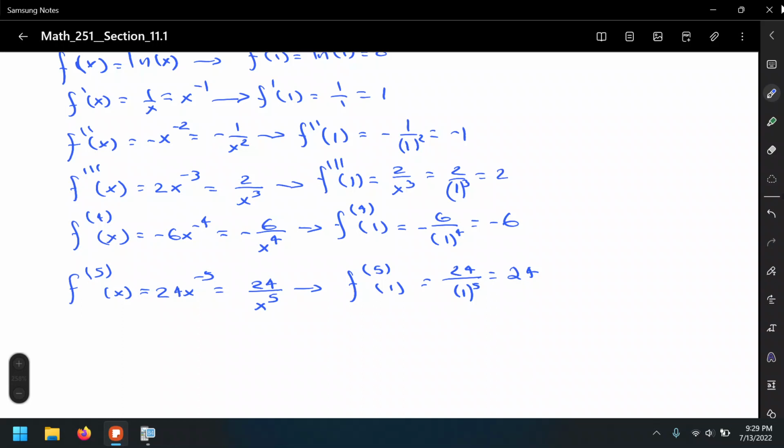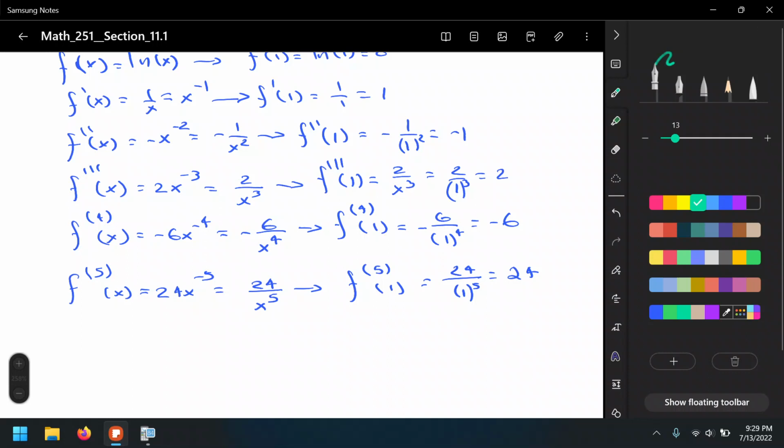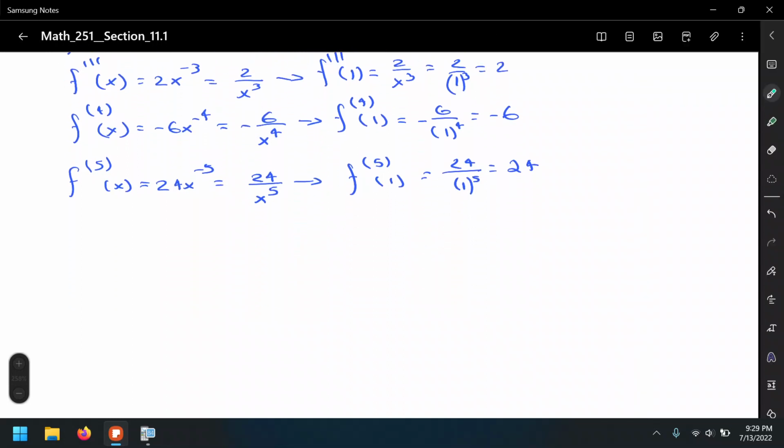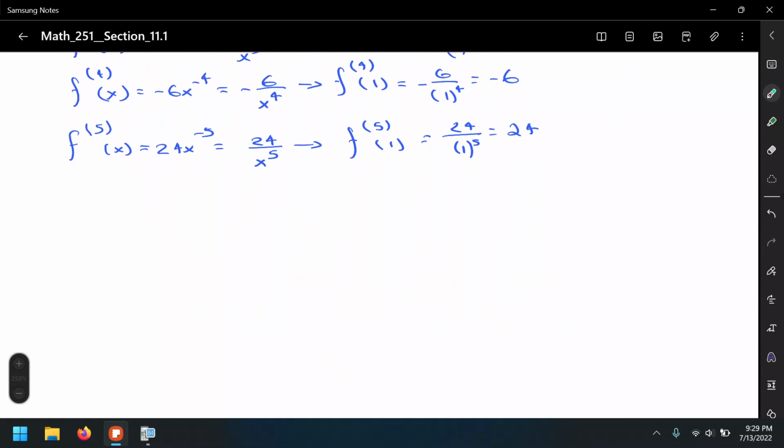And just like before, we have all the information that we need to write down the polynomial approximation for ln of x centered at c equals 1. Alright, let's set up the formula first. And yes, this one is going to be a long expression.